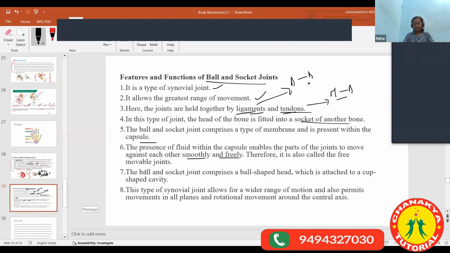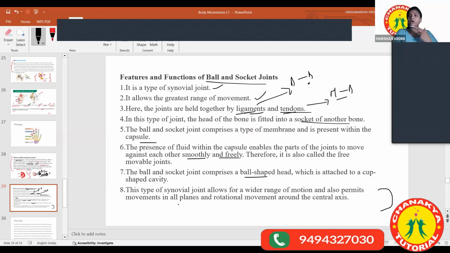The ball and socket joint comprises a ball-shaped head. Already I told you, a semi-hemispherical structure is the ball and socket. The ball-shaped head is attached to a cup-shaped cavity. This type of synovial joint allows wider motion and permits movement in all planes. Remember, all planes.